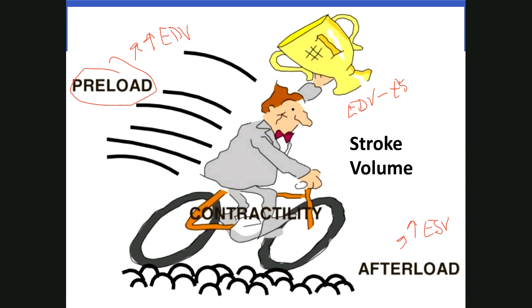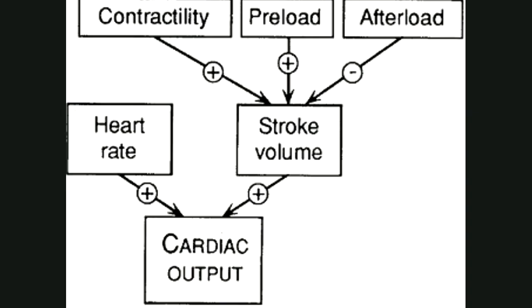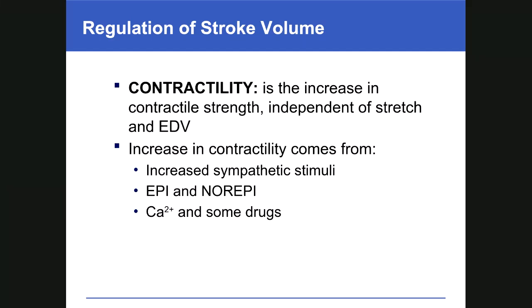That's what stroke volume is. So if that number goes up, that's going to go up. But if that number goes up, this is going to go down. Make sense?